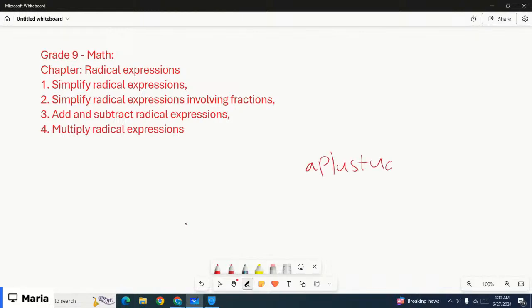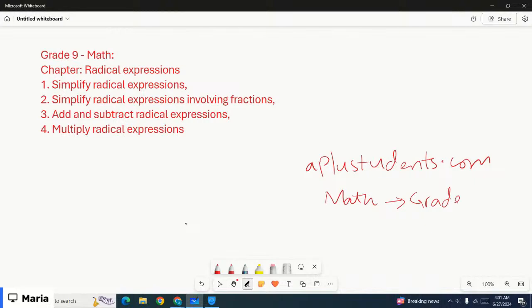You can find all the lessons on aplstudents.com. You have to log in there using your email address and password as provided by the administrator. Then you have to select math from the subject tab.